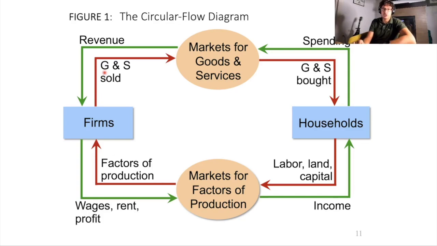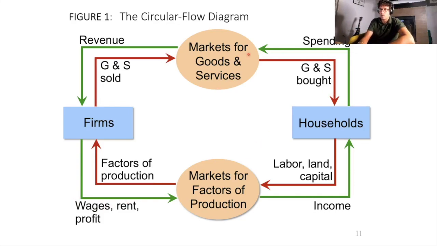So in terms of flows of dollars, what will we have? There is a flow of wages, rent, and profits that goes in the form of income to the household, which uses this income to buy the final goods and services, which represent the revenue of the firms that the firms use in order to repay wages, rents, and profits.